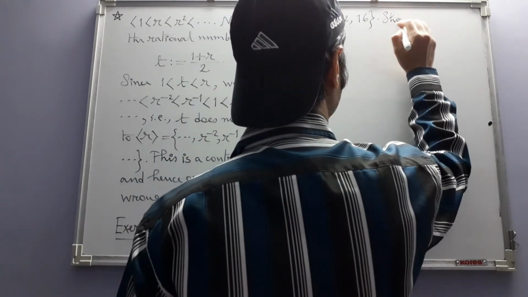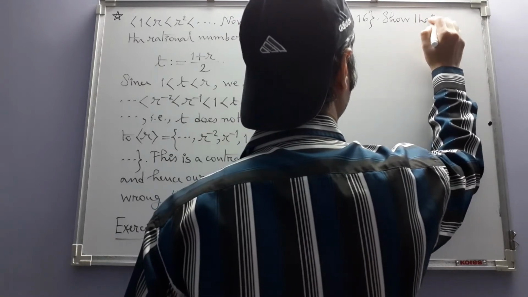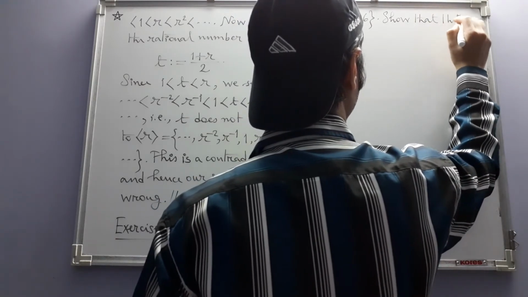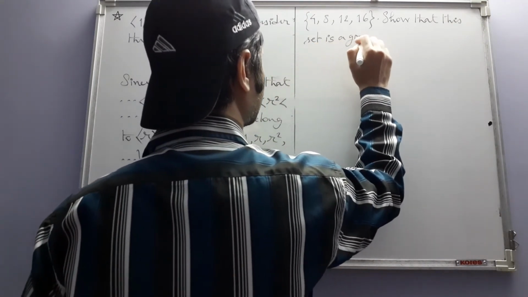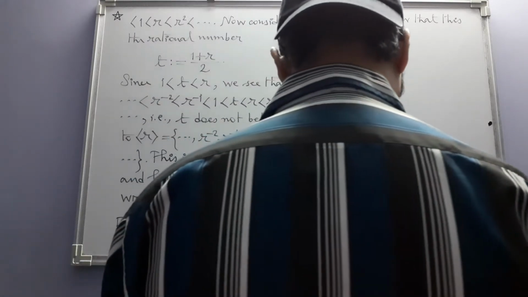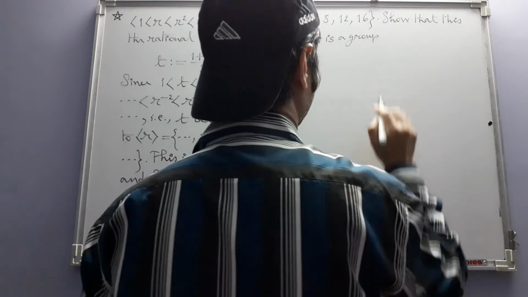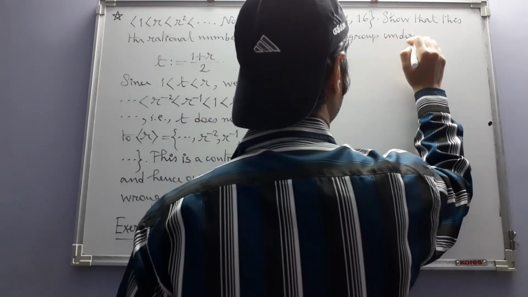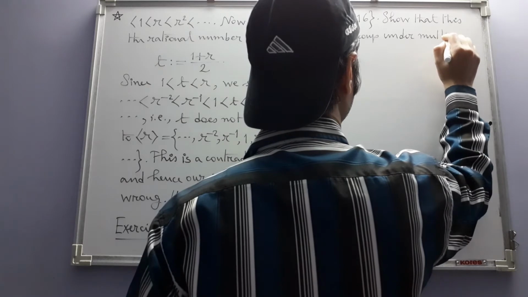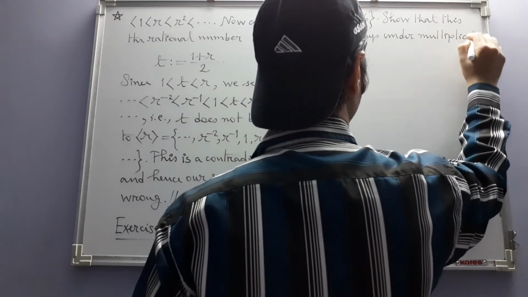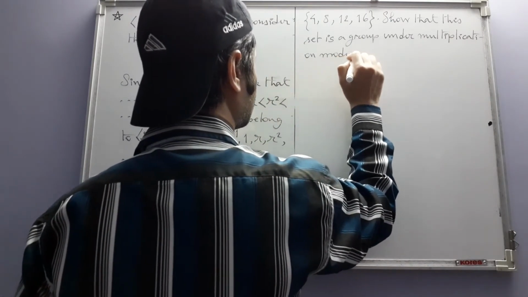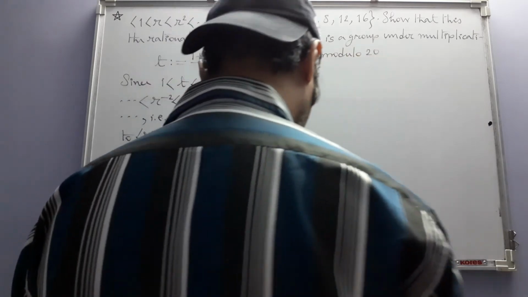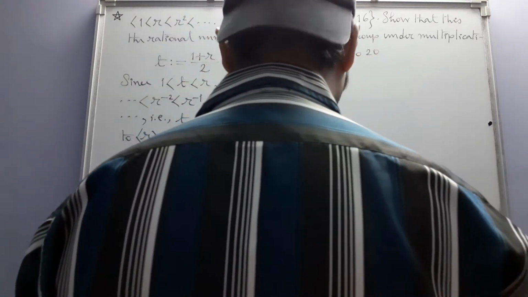Show that this set is a group under multiplication modulo 20 by constructing its Cayley table.